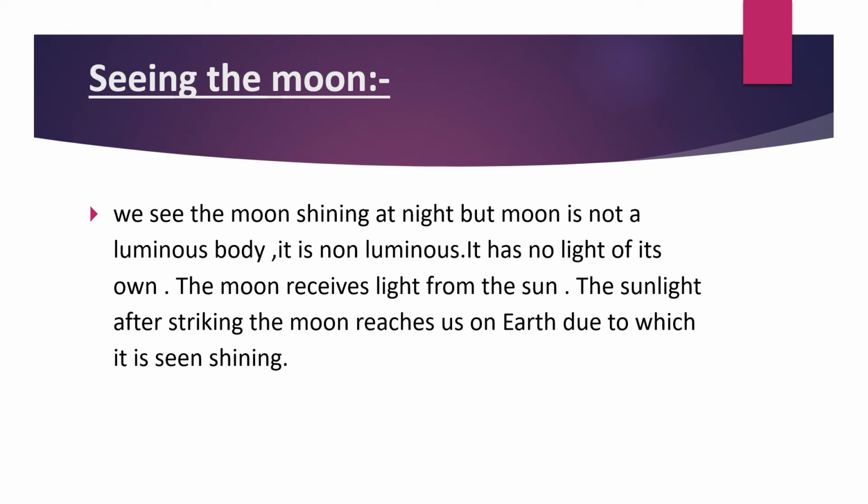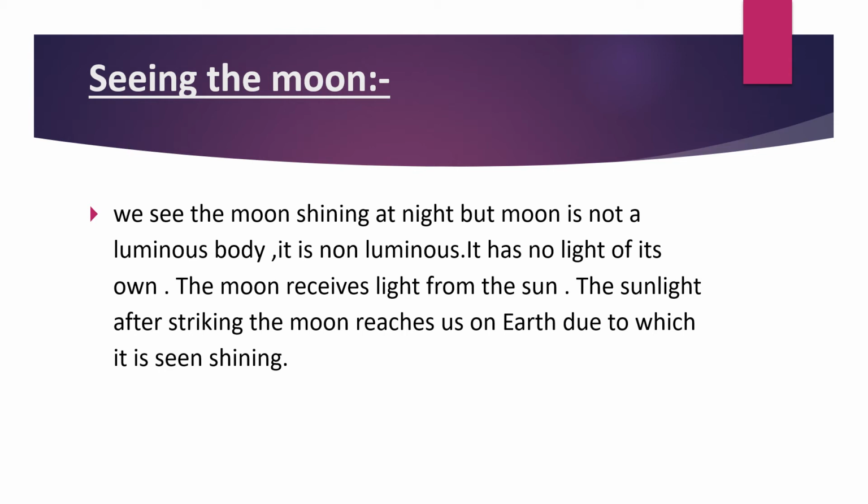It has no light of its own. The moon receives light from the sun. The sunlight, after striking the moon, reaches us on earth, due to which it is seen shining.